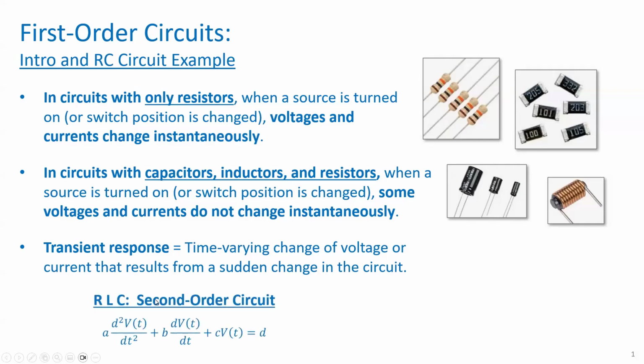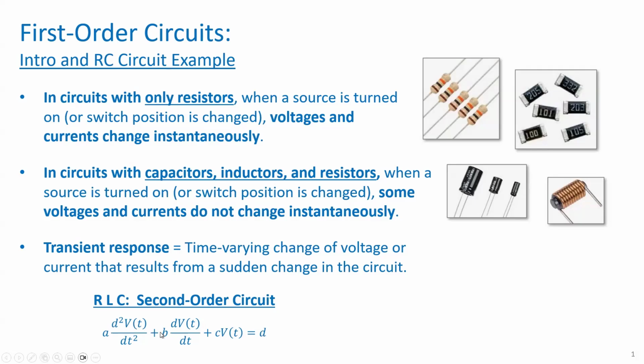So you're going to see when you write KVL and KCL and other equations in these circuits, you're going to get equations with derivatives, because you saw that I versus V and V versus I for capacitors and inductors have integrals or derivatives. And so if you have, in general, an RLC circuit, the transient response, that time varying response, is going to look like a second order differential equation.